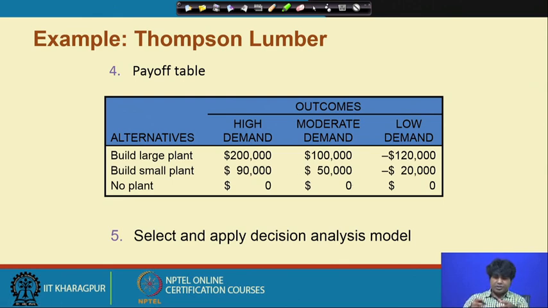For the decision making process and the objective of this problem, one particular outcome will be the final choice to address the problem and come up with a management decision. It can be 200,000, it can be 0, or it can be minus 120,000.